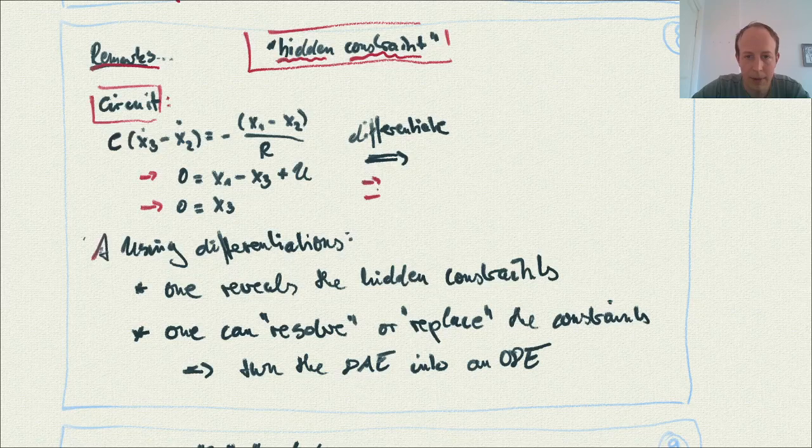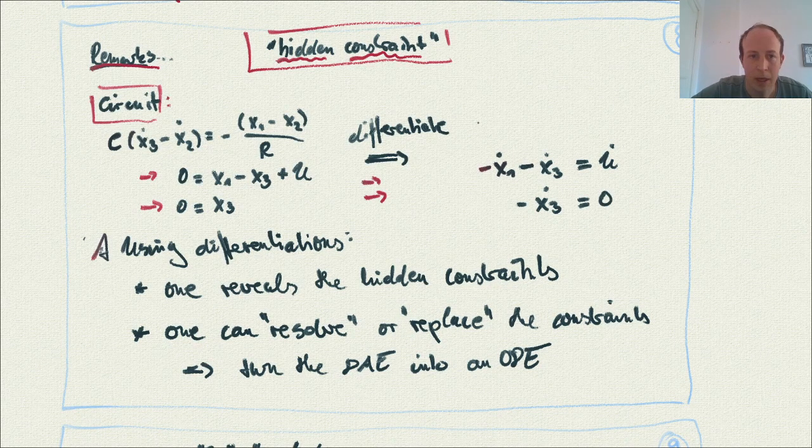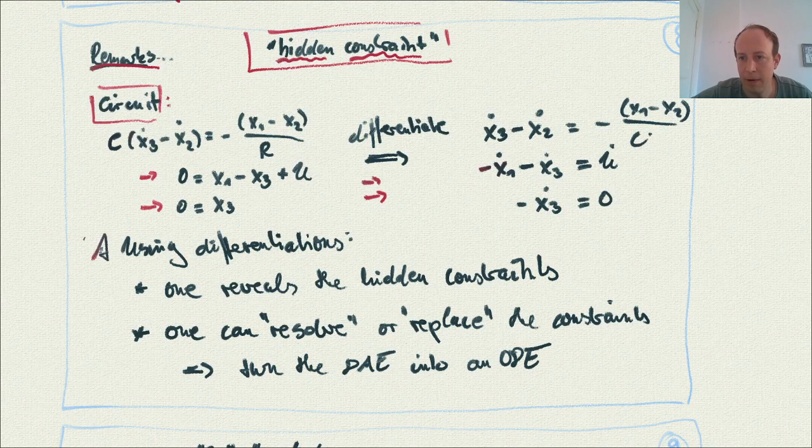So those two equations are going to be differentiated, and then we will have, now I put this directly on the other side, minus x1 dot minus x3 dot equals u dot, minus x3 dot equals 0, and we had this other equation here: x3 dot minus x2 dot is minus x1 minus x2 over C times R.